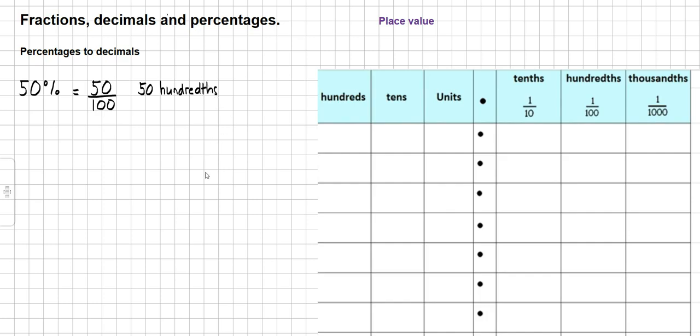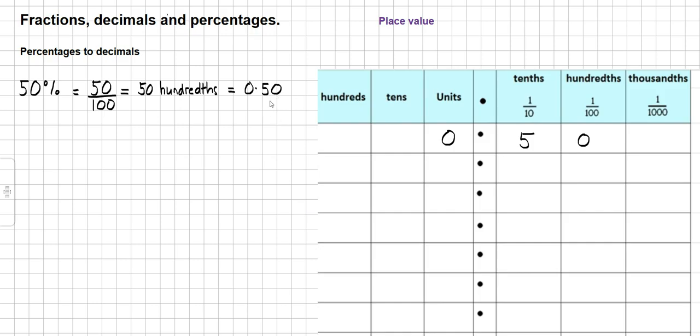So again, that immediately connects us into place value, and we would write it as 50 hundredths. Now, we could just leave it in that format. But in the same way that we simplify fractions, we can also simplify this decimal slightly.